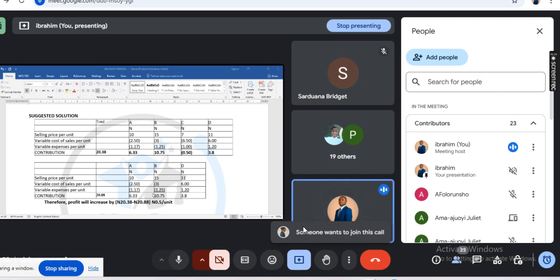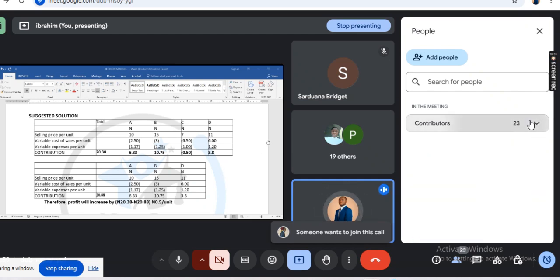Now, if you want to get the value of the profit, we need to multiply it by what you discontinued.